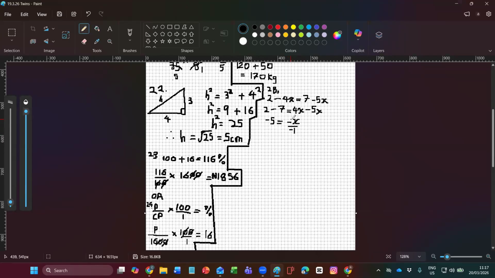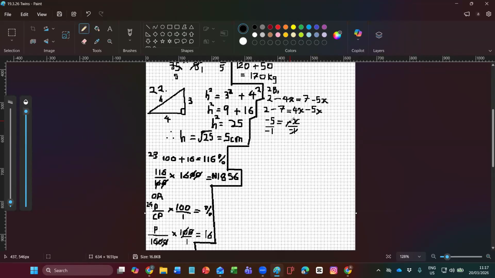Don't forget, anytime you don't see a number there in front of a letter, it is 1 that is there. But then because of the minus, we have to say divide both sides by minus 1. Just like in multiplication, minus something times minus something is plus something. Division is like a cousin, like a brother to multiplication.